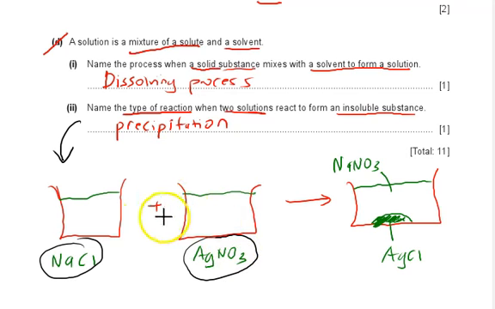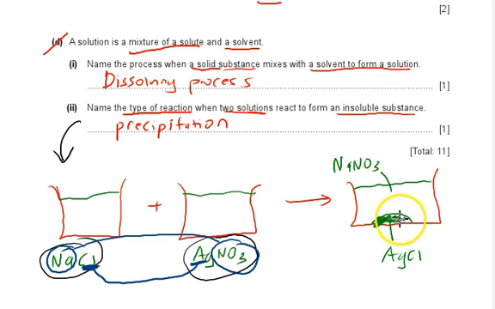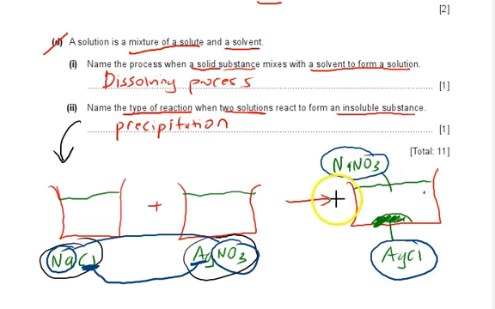When both mix, the ions swap: argentum will be with chlorine, and sodium will be together with the nitrate. So one is a solution and the other is a precipitate: argentum chloride is the precipitate and sodium nitrate is in solution. This is an example for question number 2.